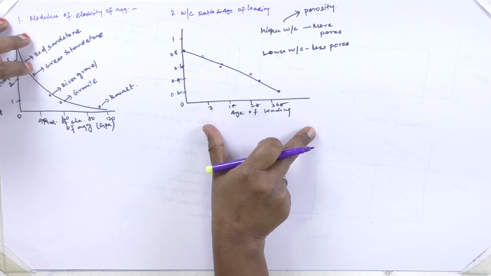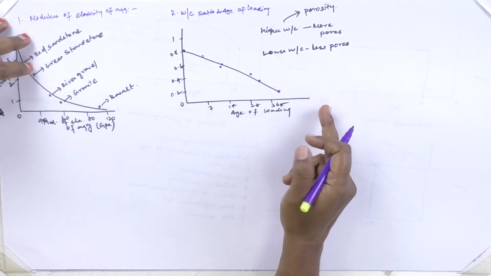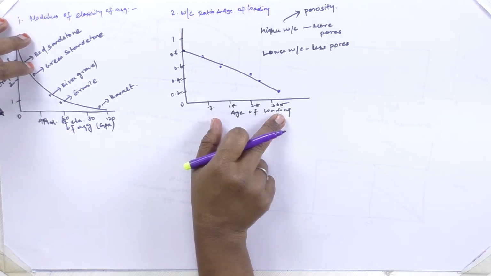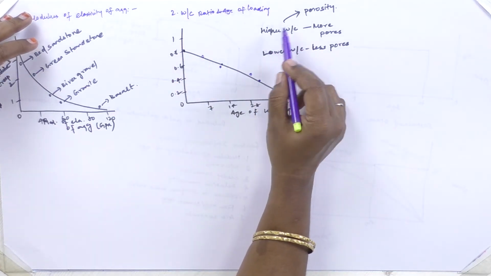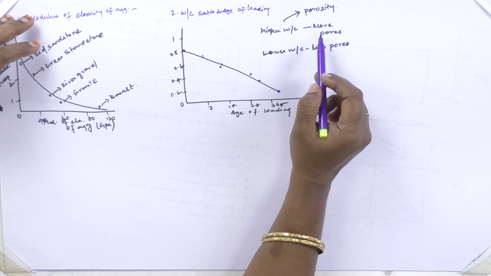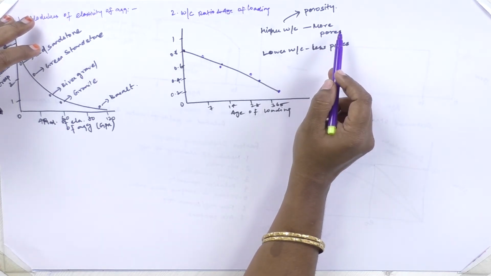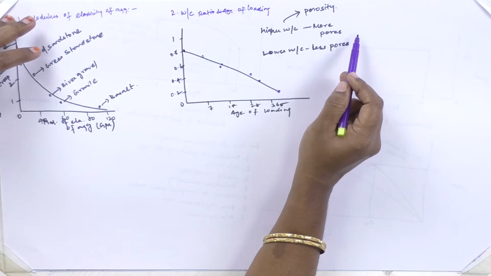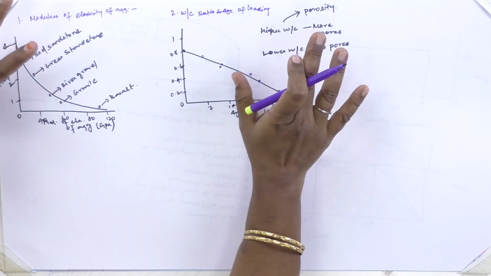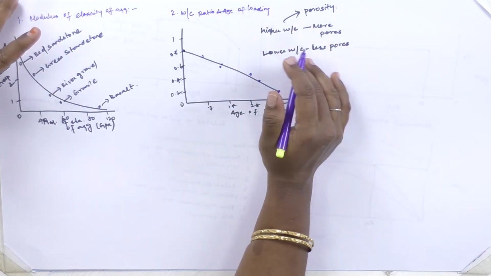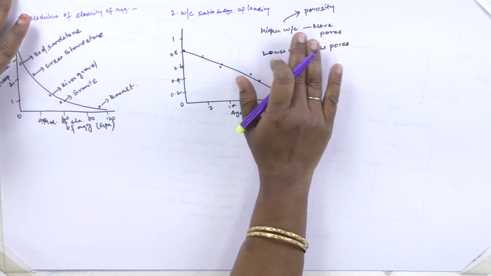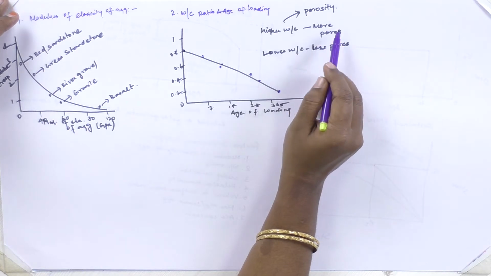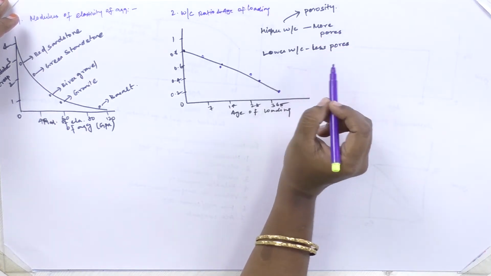And if the age of loading increases, then the creep value decreases. A higher water cement ratio means there is a likelihood that all the gel pores might not be filled with water, so there will be a high movement of water from the gel pores, and that exhibits more creep.